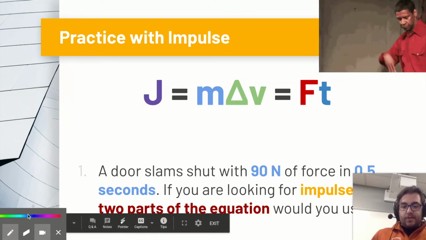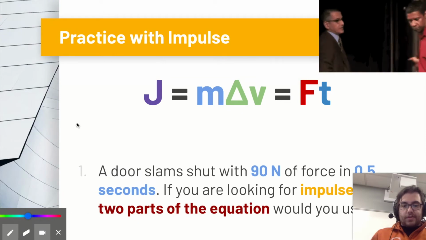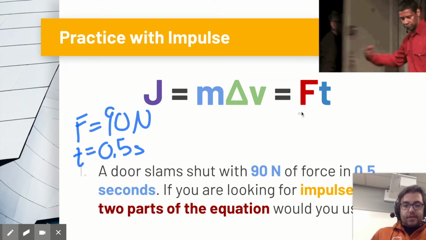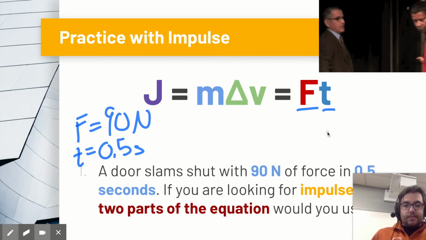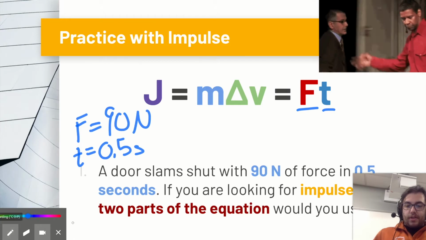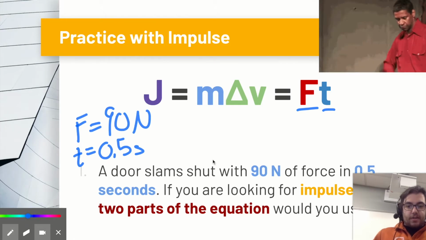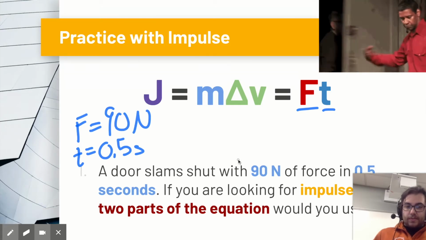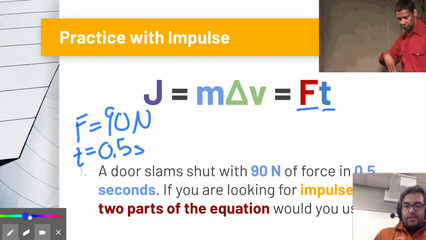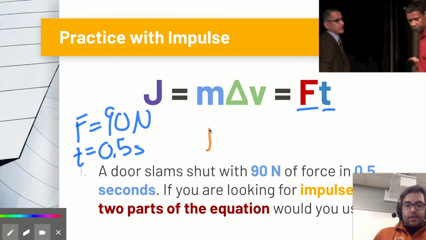So we are given a force of 90 newtons. And then we're also given time. So we are given these two parts, right? We are looking for impulse, and we are wondering what two parts of the equation we should be using. If we're looking for impulse, that means our J is our unknown.